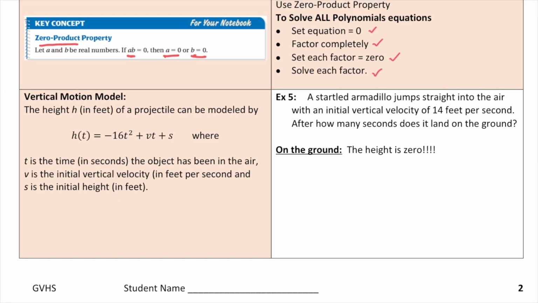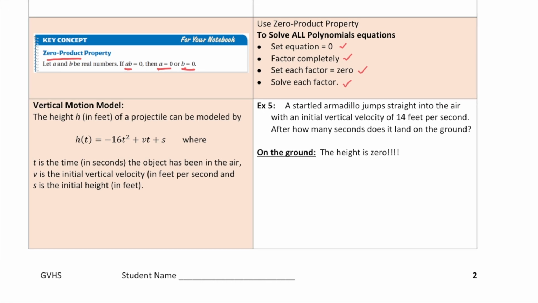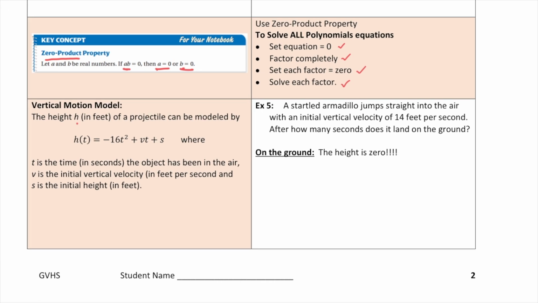All right, a special problem called the vertical motion problem. We have the height in feet of a projectile motion, and it can be represented by h of t equals negative 16t squared plus vt plus s. t is time in seconds, v is the vertical velocity, and s is your initial height.